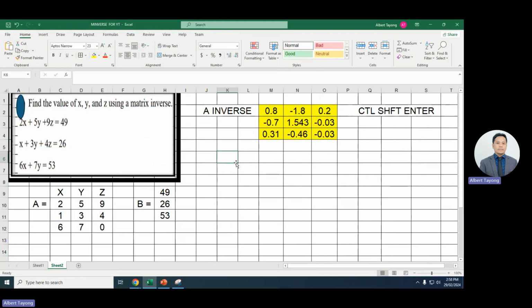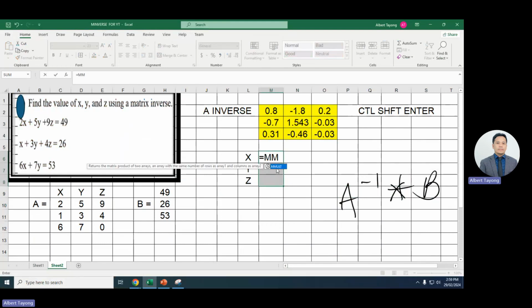Now let's find the values of x, y, z. We have to use matrix multiplication. So we have the b here. We have to multiply our inverse and the b. So select three cells opposite to x, y, z equals MMULT, matrix multiplication.